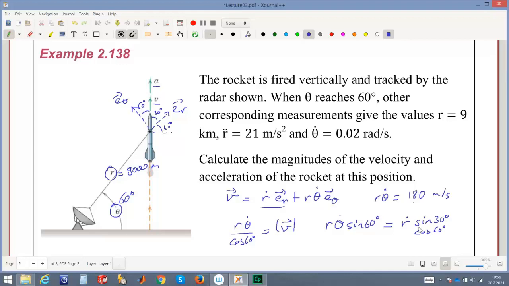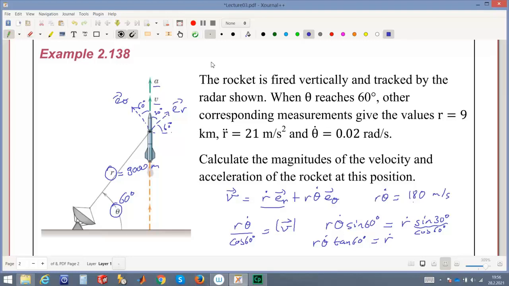Okay, it's the same. So if this is cosine 60, then r theta dot times tangent 60 degrees will be equal to r dot. So now we have calculated r dot.